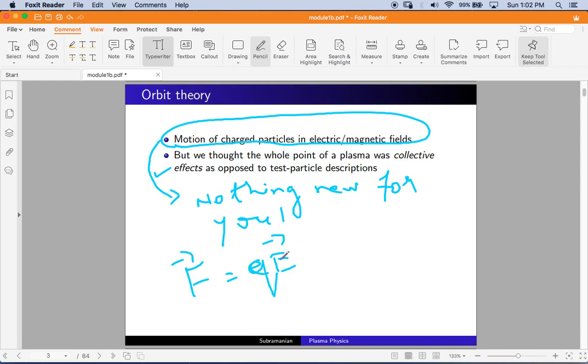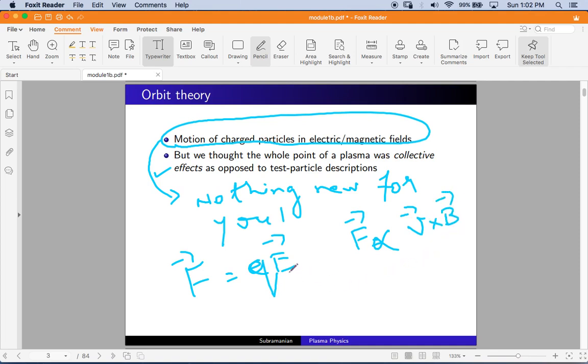Well, we should write Q. And you know that the force on a charged particle in a magnetic field, depending upon the system you're using, you'll either have a 1 over c or some kind of constant in front of it. So I'm not writing the constant. I'm simply writing it as a constant of proportionality.